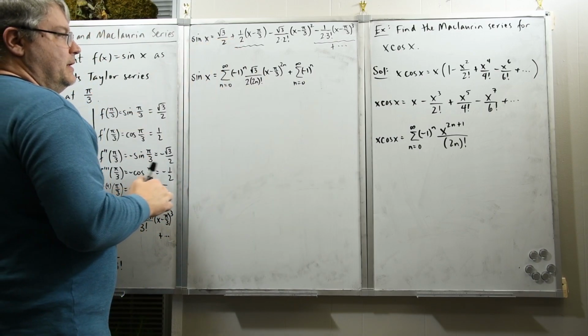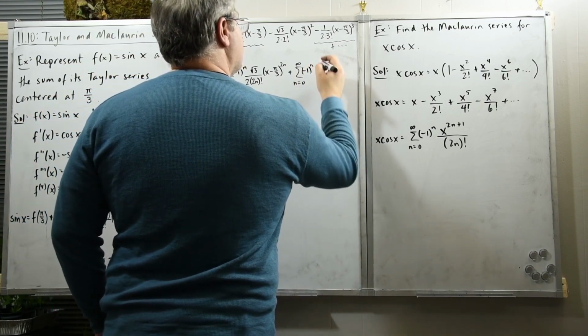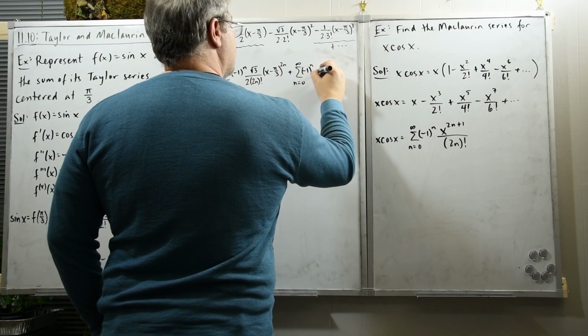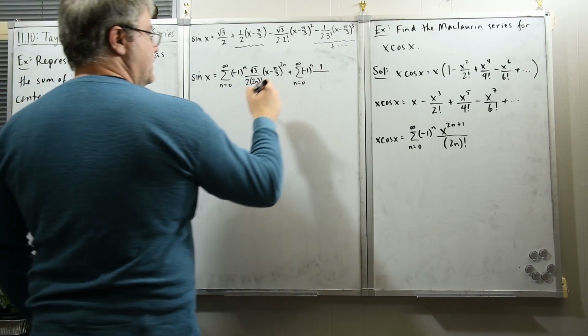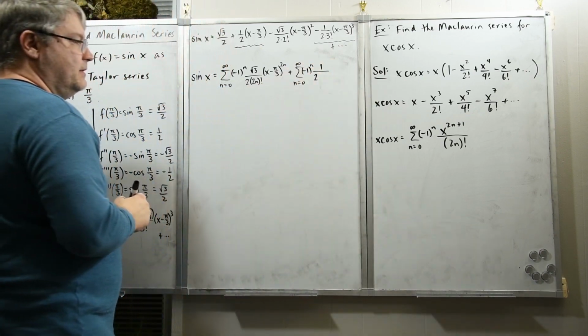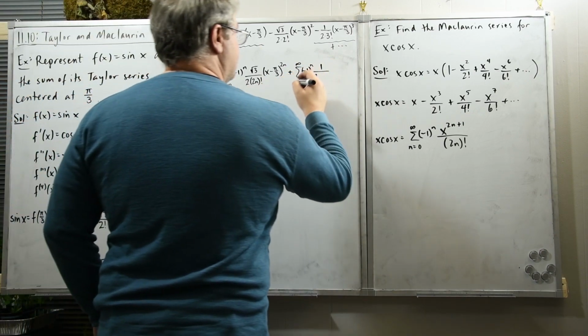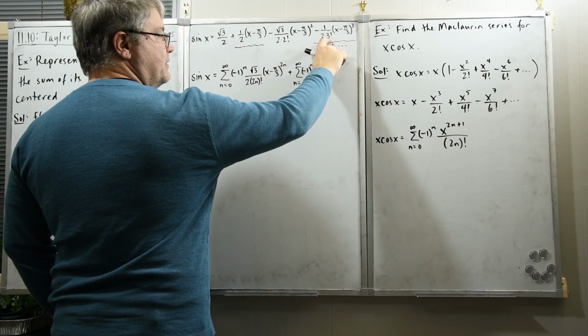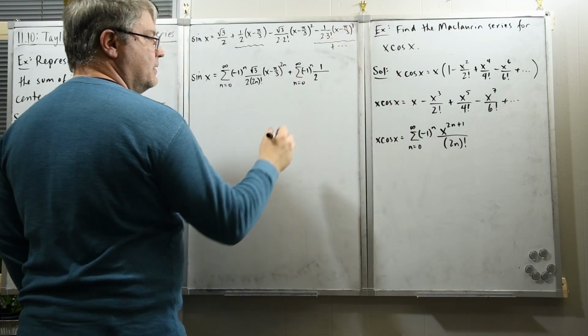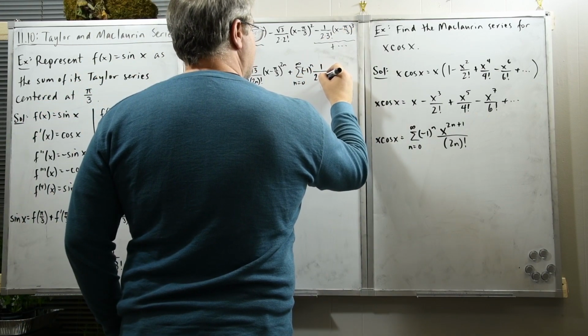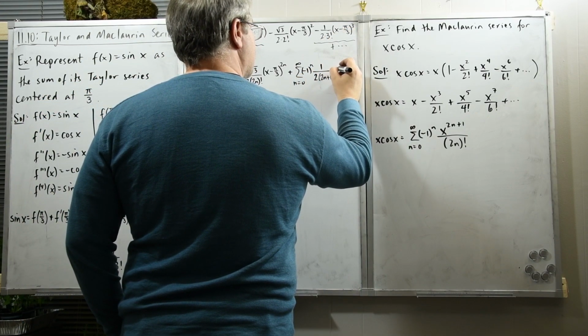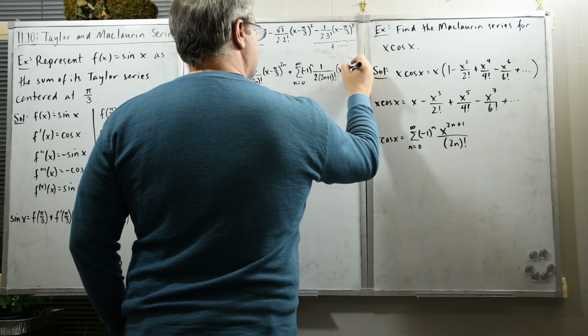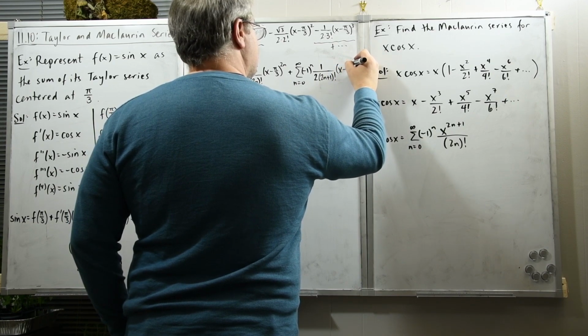And then what we're going to have is a 1 over 2. That's where your 1/2 comes in. But then, notice, powers are odd, and notice 3 factorial here, the 3 matches up with the 3 there. So you're going to have a 2n plus 1 factorial. That's x minus pi over 3 raised to the 2n plus 1.